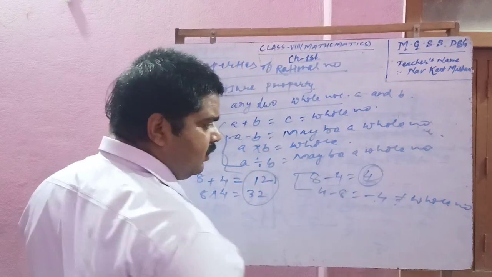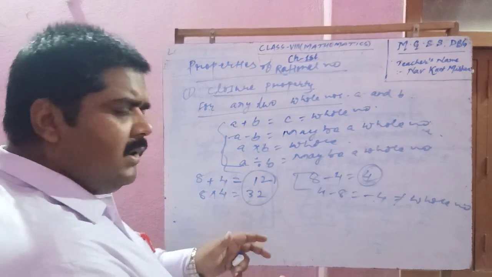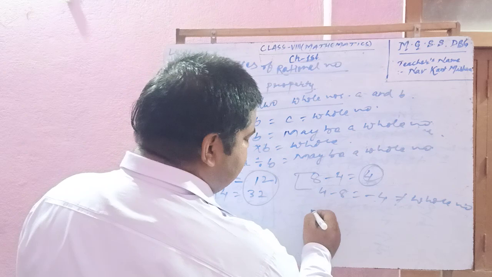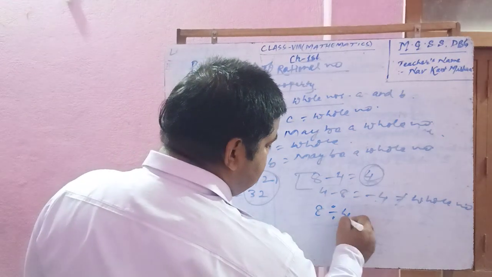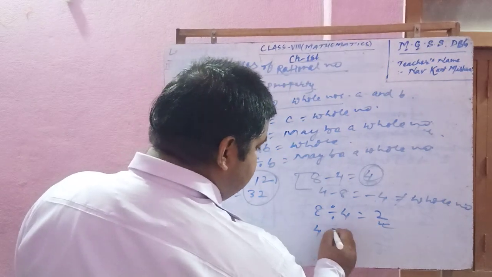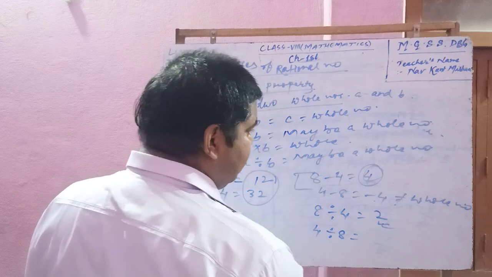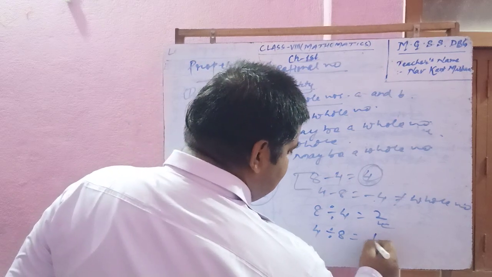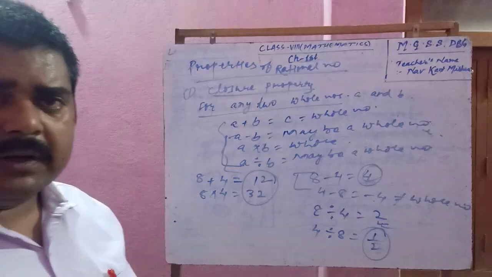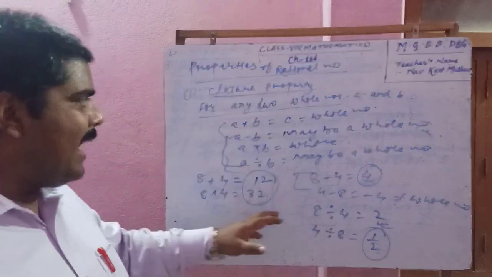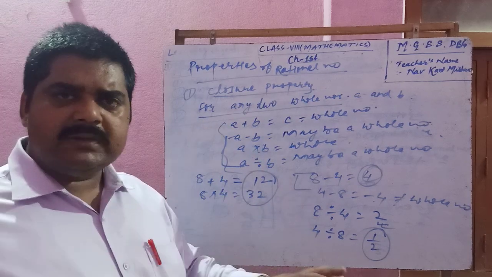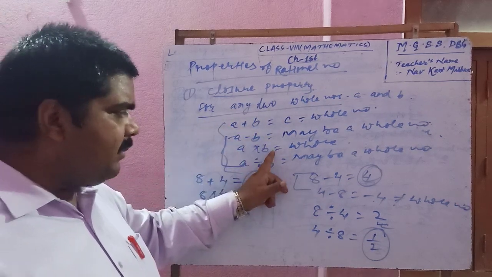So it may or may not, it depends upon what numbers have been taken. Similarly, in the case of division, if you check 8 divided by 4, what is the result? 2 is another whole number. But if 4 divided by 8, then you get 1 upon 2, and it is not a whole number, it is a rational number. So you have learned in the previous standard that whole numbers are closed for addition and multiplication.